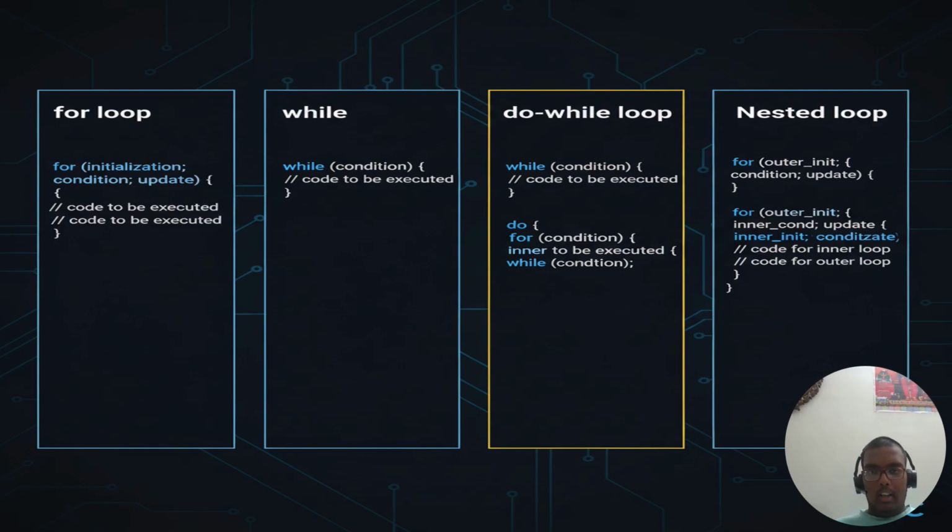Now, do while. This while is just for comparison. The actual do while loop starts from here. Here comes initialization, then do while, condition.